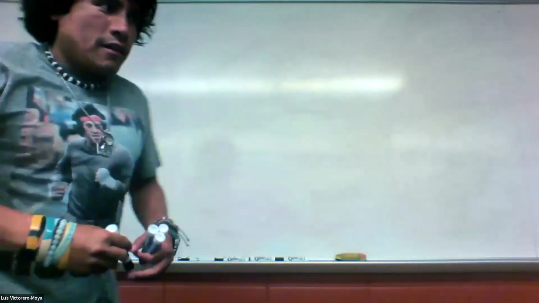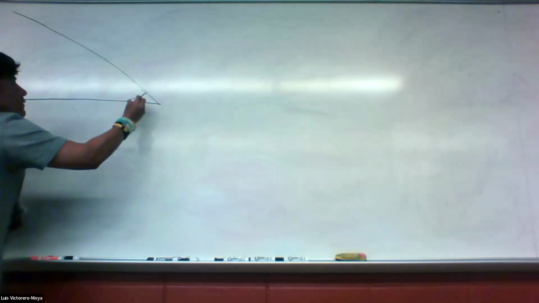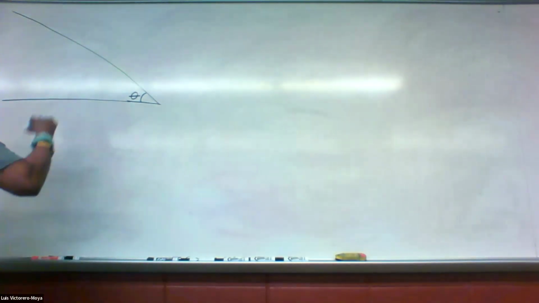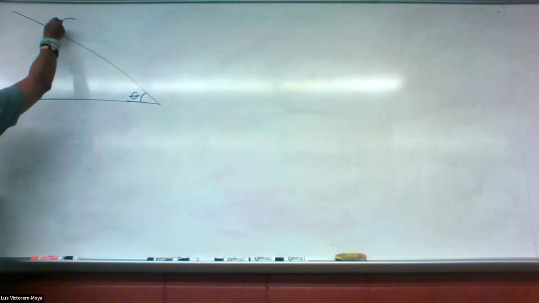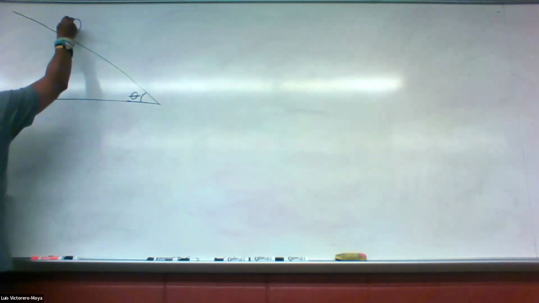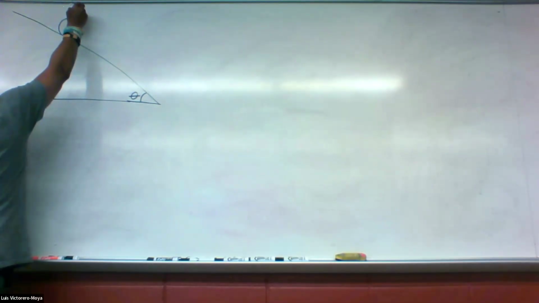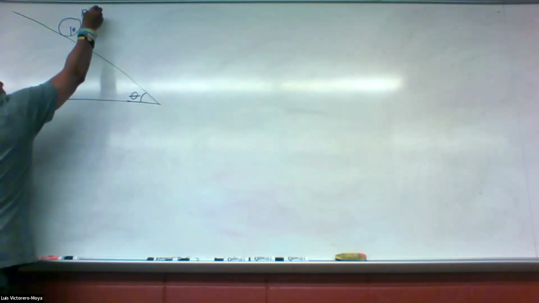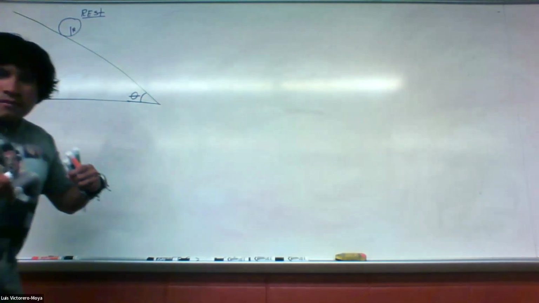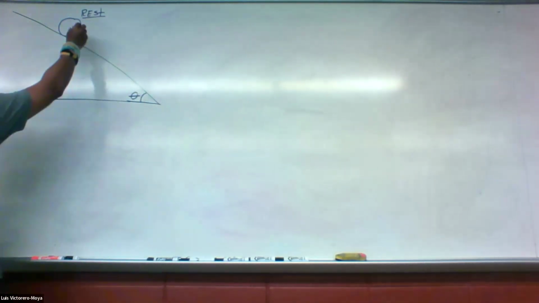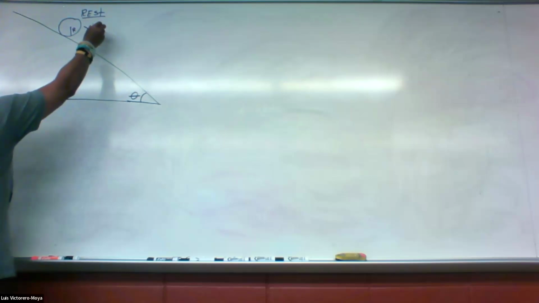So let's analyze this. Angle theta, and then I'm going to give you a sphere. But now we cannot ignore that this sphere has some radius r. Let's say it starts at rest and it's going to start rolling down the ramp with some acceleration.